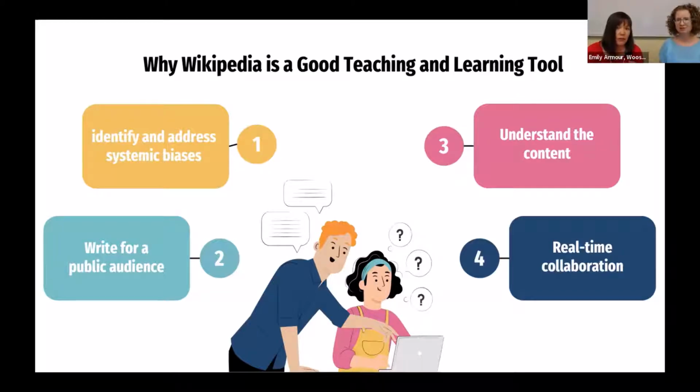So this means that students editing articles really have to truly understand the material and be able to write it in a way that's accessible, even technical information, to a large audience. And then finally, in terms of writing for the web and real-time collaboration, like what we've talked about earlier today, thousands of volunteer editors, many of whom are strangers to you, that you have to work with to get these articles edited.